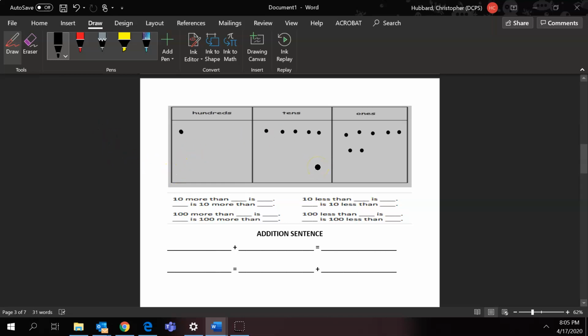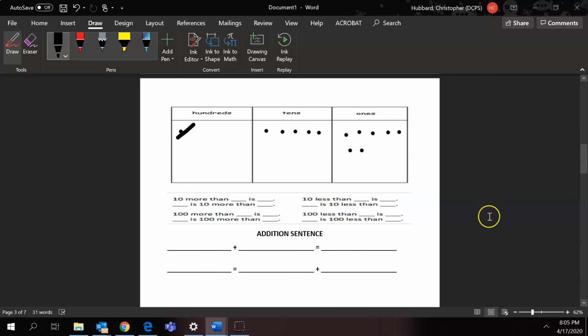And now I want you to take 100 away. Show me how we would take 100 away. Right, so we would just cross out our 100. How much do we have left?